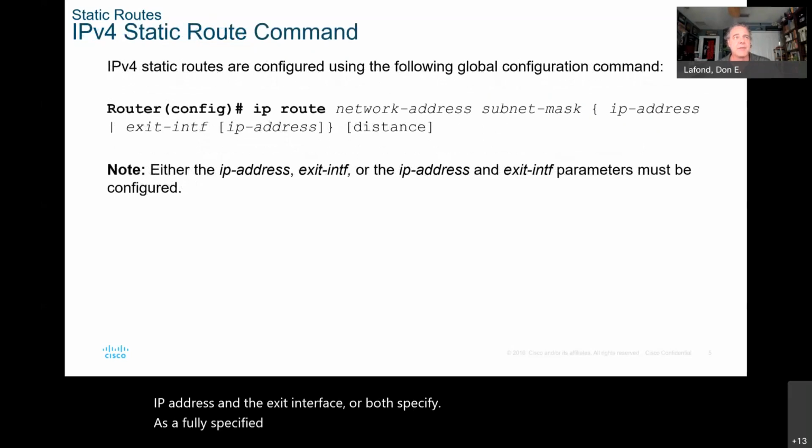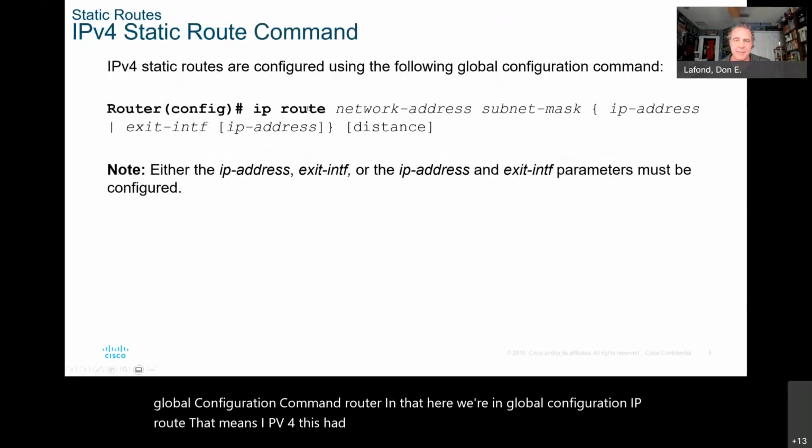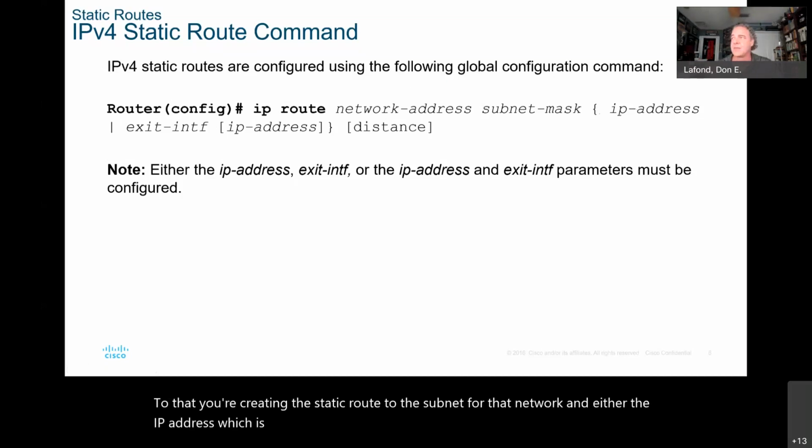The IPv4 static routes are configured using the following global configuration command: router, and here we're in global configuration, ip route. That means IPv4. If this had ipv6 route, it would be IPv6. Then the network address, the network that you're creating the static route to, the subnet mask for that network, and either the IP address, which is the next hop IP address, the exit interface, or both.